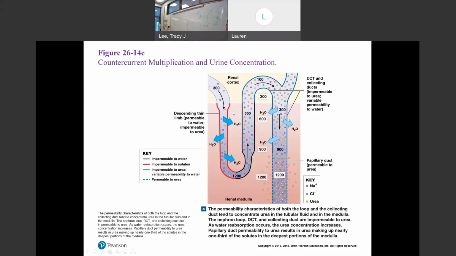All right, and this shows it a little more. When we get up here, we're back to 100, and then as we go down our collecting duct, because these guys are permeable to ADH, things like that, we'll lose water again. By the time we get out to our bladder, it's highly concentrated, very little water in it, relatively speaking.